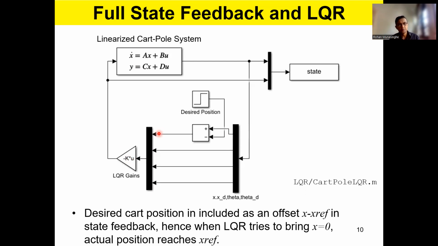That's what it does. Now you can understand, if I want to have my reference at 0.5 meters, when I put it over here, it becomes negative 0.5. So when x is 0, this part is 0, 0 minus 0.5, and your result is minus 0.5. The controller doesn't like minus 0.5.